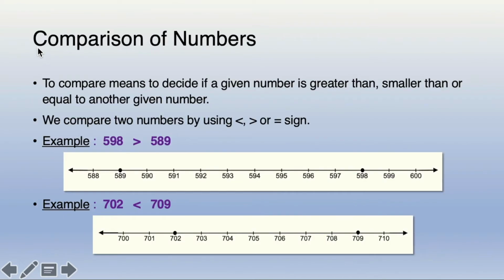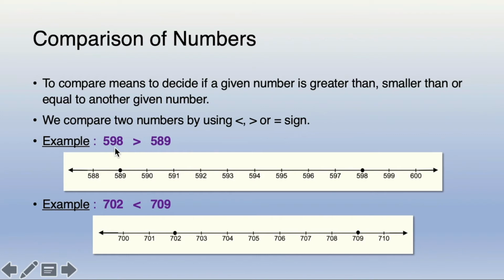Now, what do we mean by comparison of numbers? So, to compare means to decide if a given number is greater than, smaller than, or equal to another given number. So, we compare two numbers by using less than, greater than, or equal to sign.